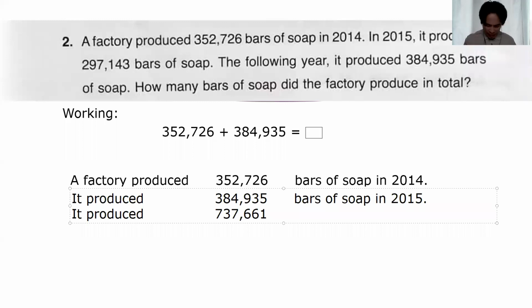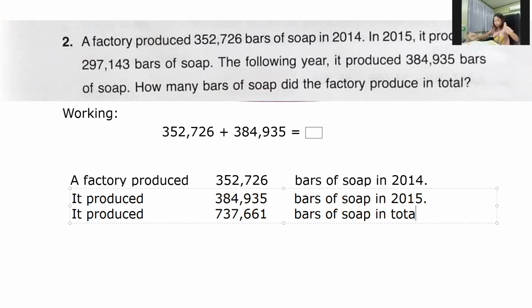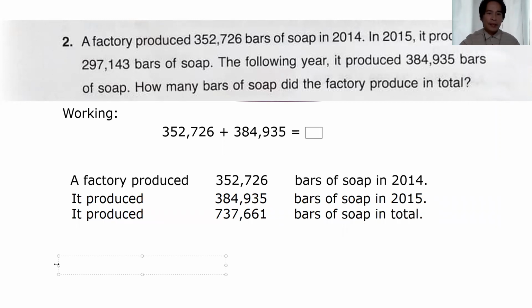So how do you describe the sum or the total? Okay, space. It produced bars of soap in total. That's it. As simple as that. And then right here below the final answer, ANSWER colon, and then you have to copy the same sentence as in the third line of the description part.